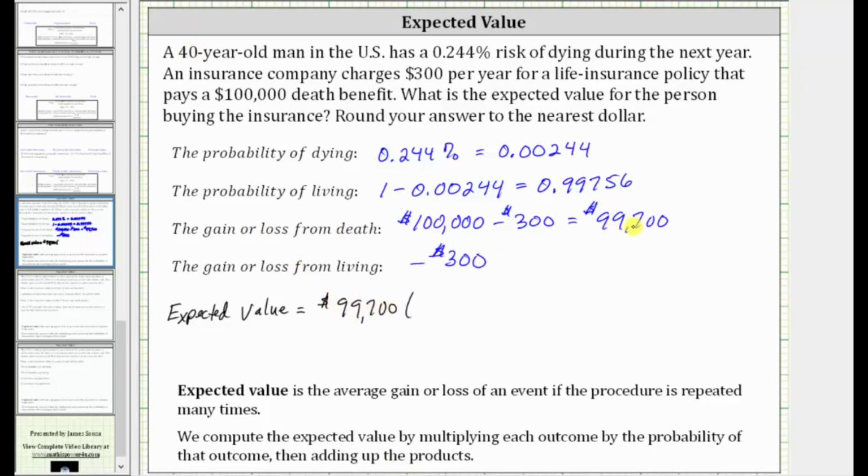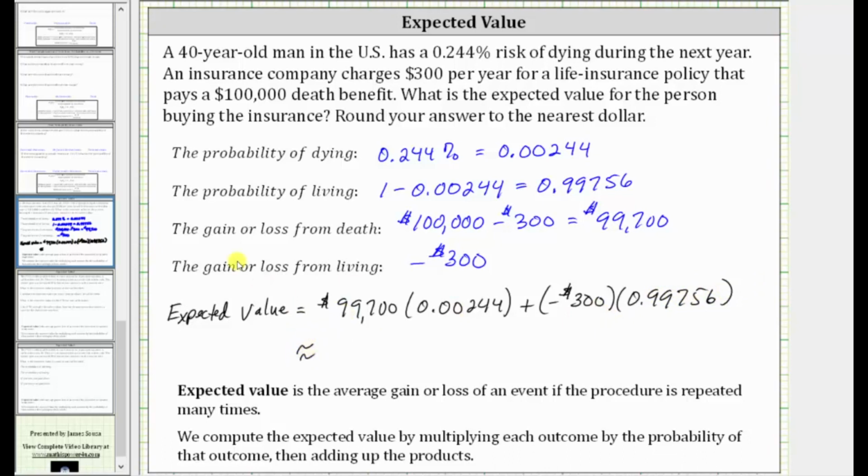The probability of this occurring is the probability of death, which is 0.00244, and then plus the other outcome, a loss of $300, times the probability of losing $300, which is the probability of living, which is 0.99756.